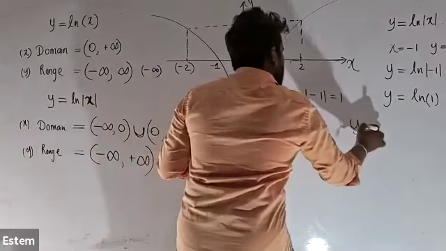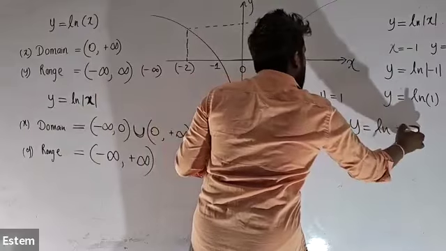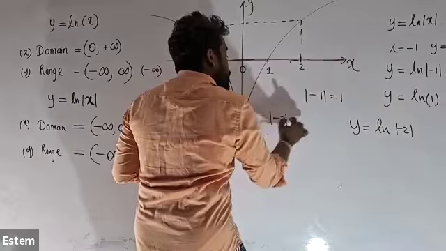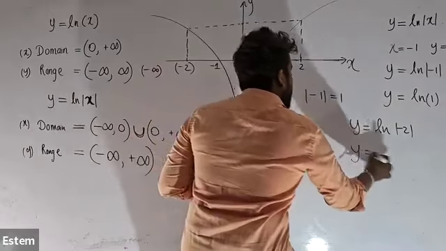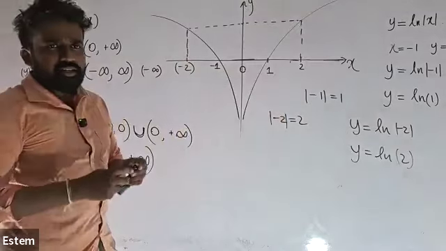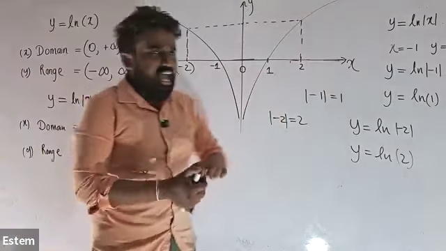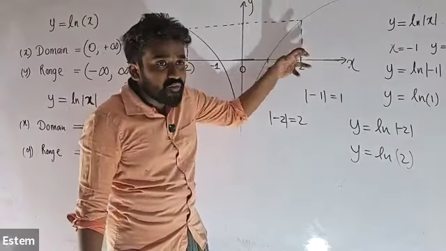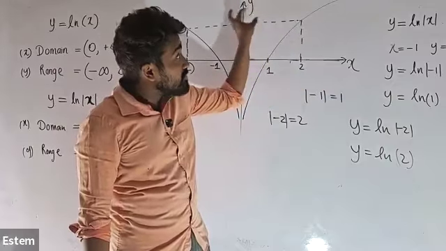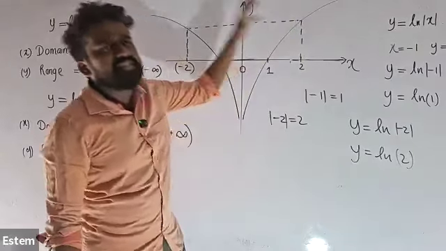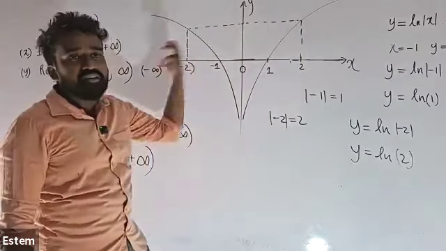When x equals minus 2, it is ln of the modulus of minus 2. What is the modulus of minus 2? It is 2. Then y equals ln 2 also. Did you get that? The y values relevant to these positive x values are all the same for the negative x values also.